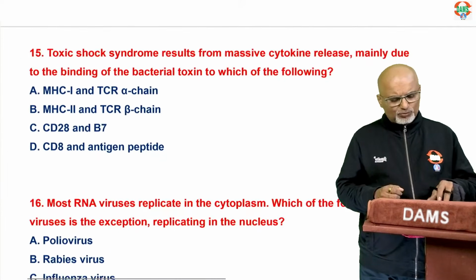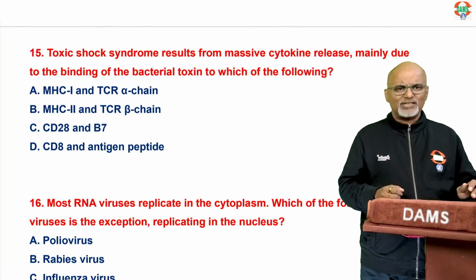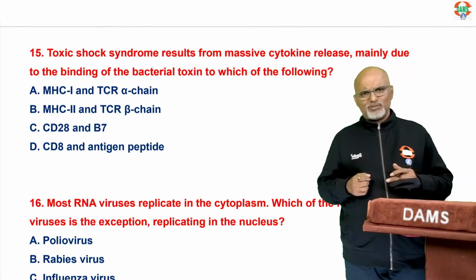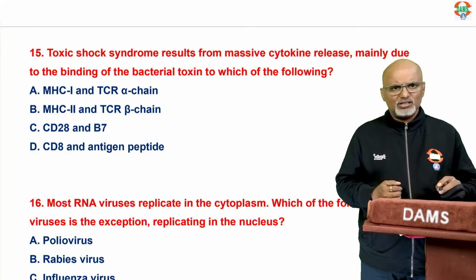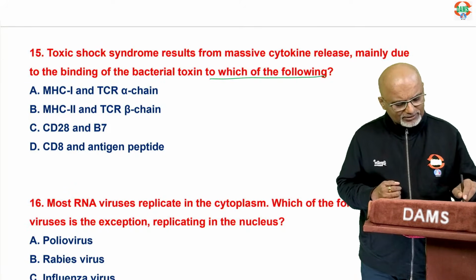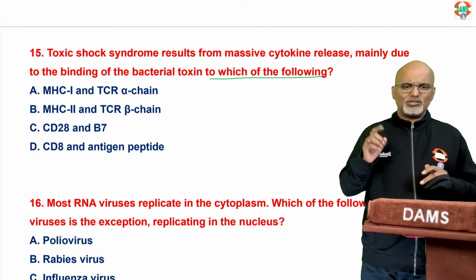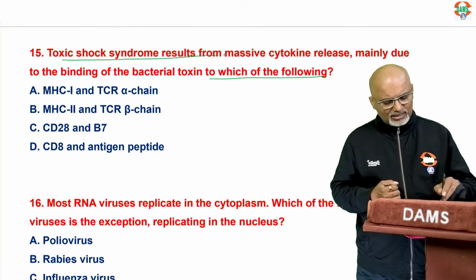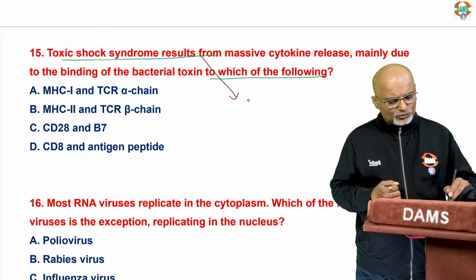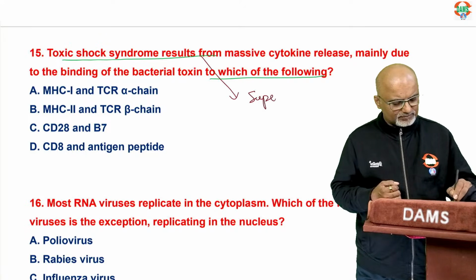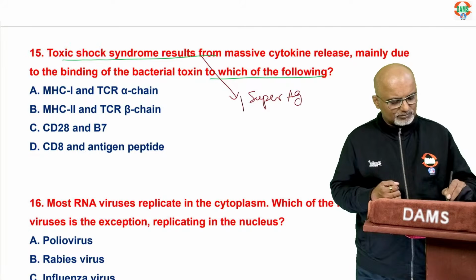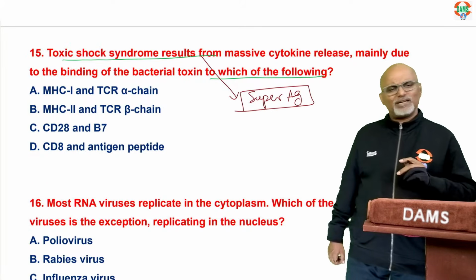Toxic shock syndrome results from massive cytokine release, mainly due to the binding of the bacterial toxin to which of the following? Got it? The toxic shock syndrome toxin acts as a superantigen. What is a superantigen?